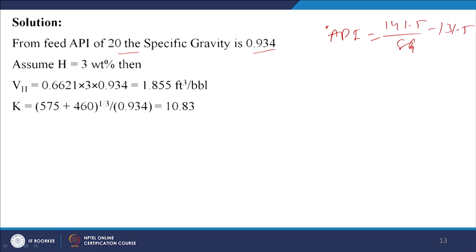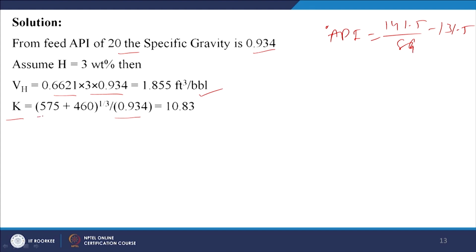Then we are adding 3% hydrogen, so VH will be 0.6621 into 3 into 0.934, that is, the hydrogen into the specific gravity. So, we are getting 1.855 cubic feet per barrel. Then K is equal to TB to the power 1/3 divided by SG, with TB in Rankine.